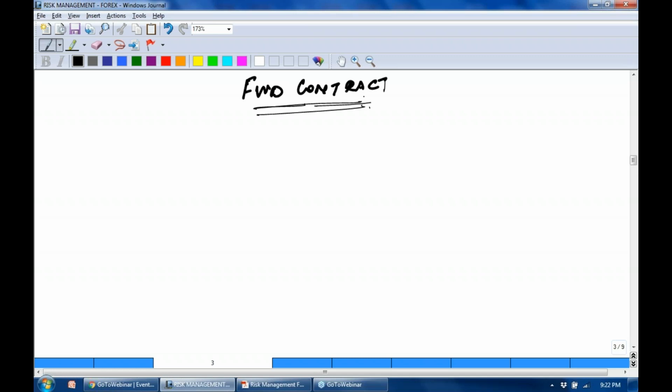The forward contract. Let's suppose we are an Australian company. That means our local currency is Australian dollars. Let's suppose now is 1st January 2019.